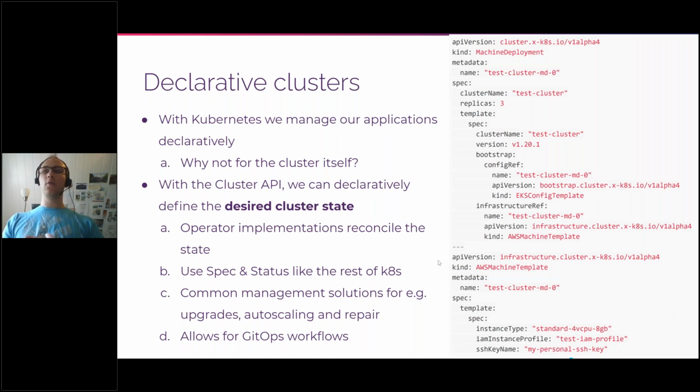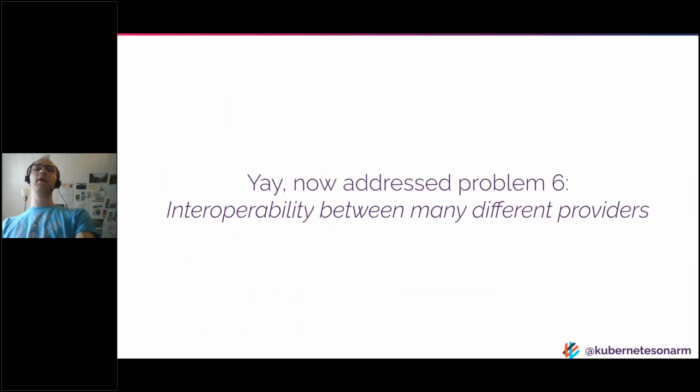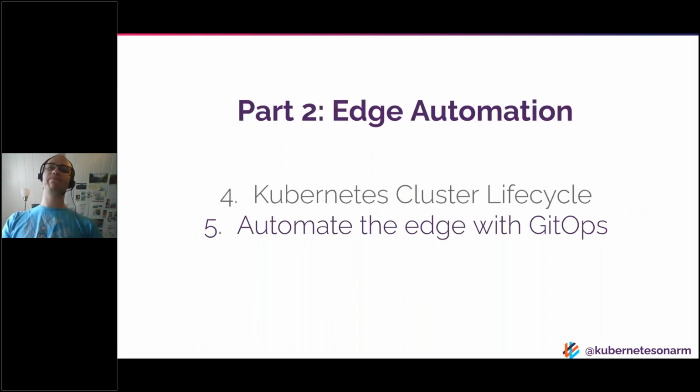And with this, you can do common management solutions for upgrades, auto-scaling, and repair, regardless of where it's running. So that's really useful. And then it allows for GitOps workflows, which I'll explore next. So with Cluster API, we can get interoperability between many different providers.